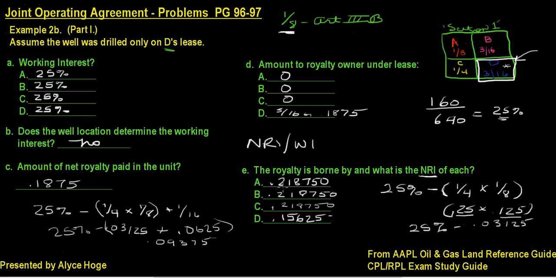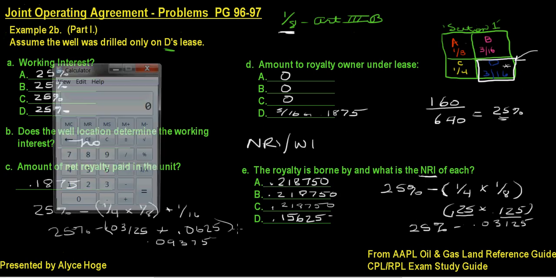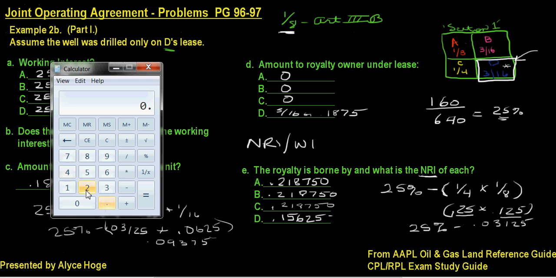If we did that with 0.21875, we're going to divide that by their working interest, 0.25. The result is 0.875 or 87.5%.